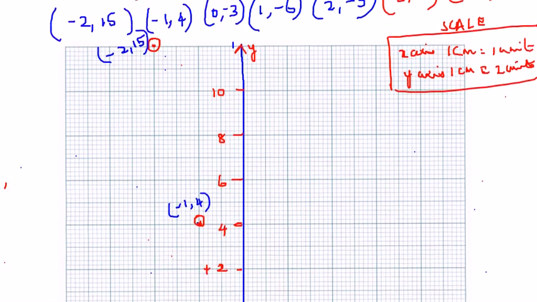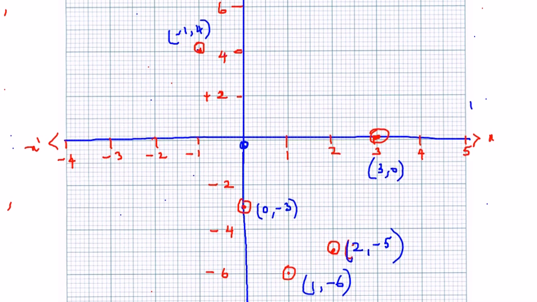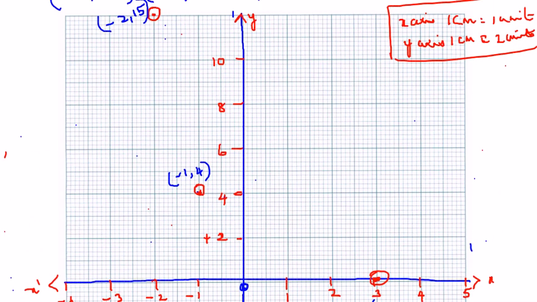With these points we can see that 3, 0 is here, and the other one is 4, 9. 4 is here, and 9 would be here, between 8 and 10. So 4, 9 is my other coordinate.